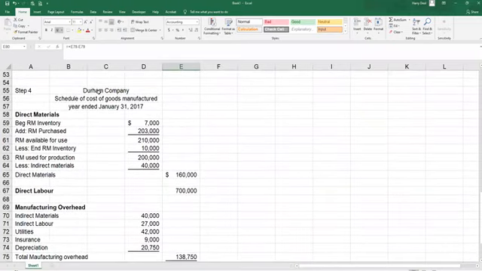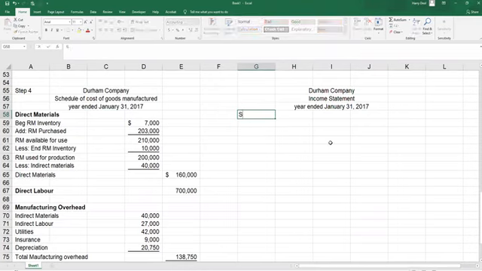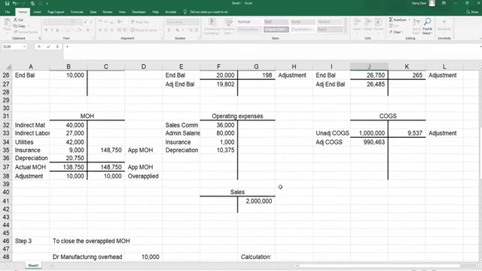You're also asked to prepare an income statement. So I'm just going to go ahead and prepare it here. Income statement. And for the income statement, we'll begin with sales. So sales were $2 million.